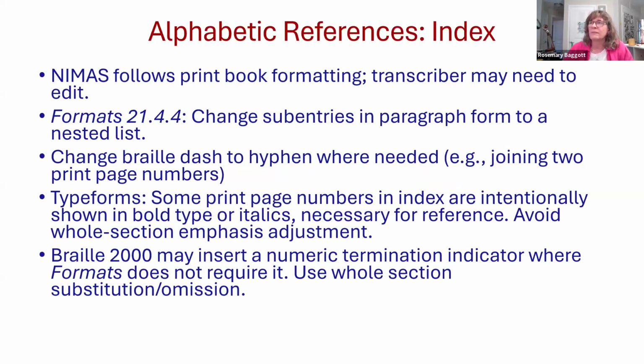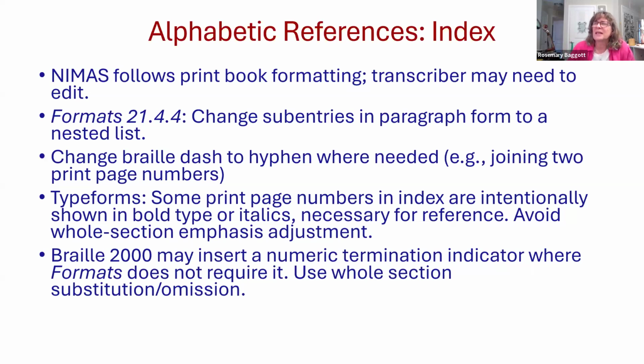Often, and I'll show an example of this, if there's a more advanced text in the index and you have sub-entries under a main entry, they'll be in a paragraph form, and formats requires that they be in a nested list form, which is a lot more readable for the reader. So I will show an example of changing that.